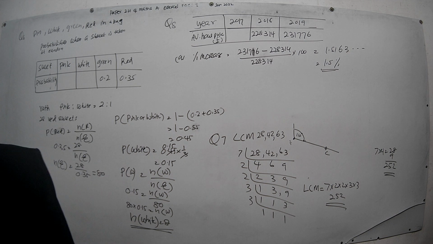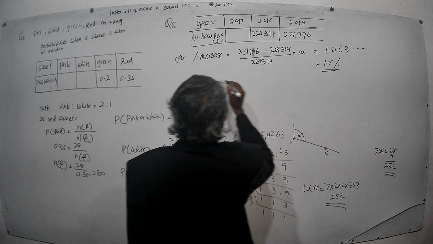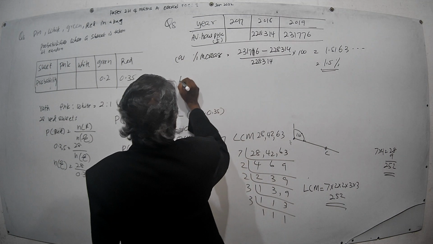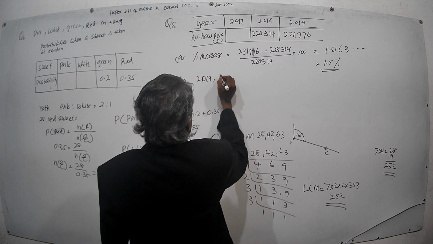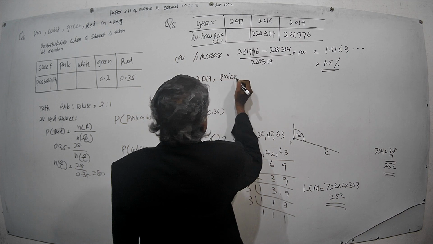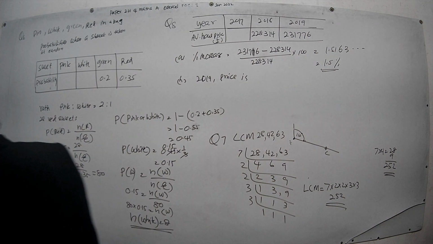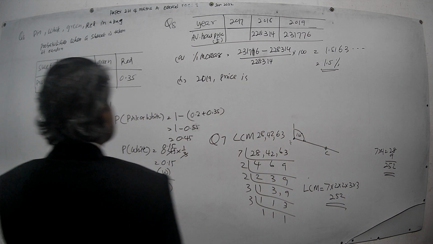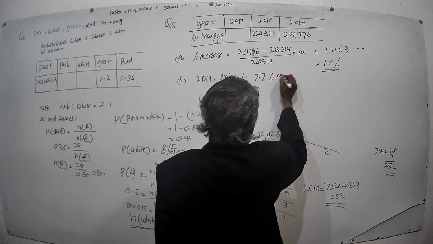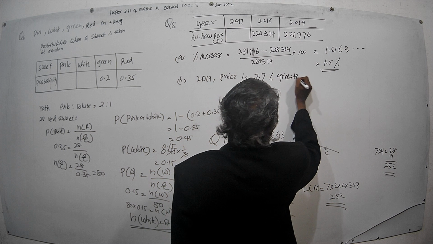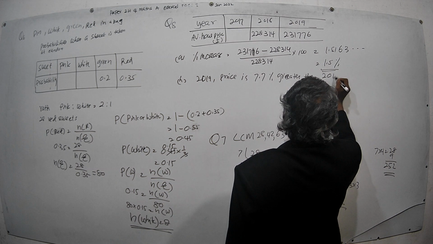Let's say the 2019 price is 7.7% greater than the 2017 price.